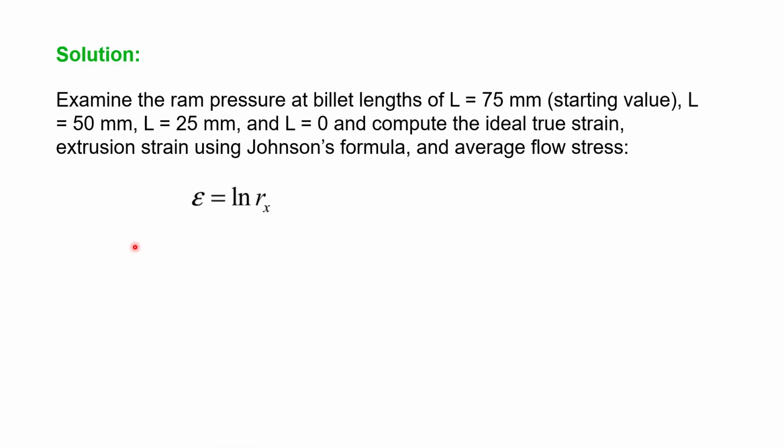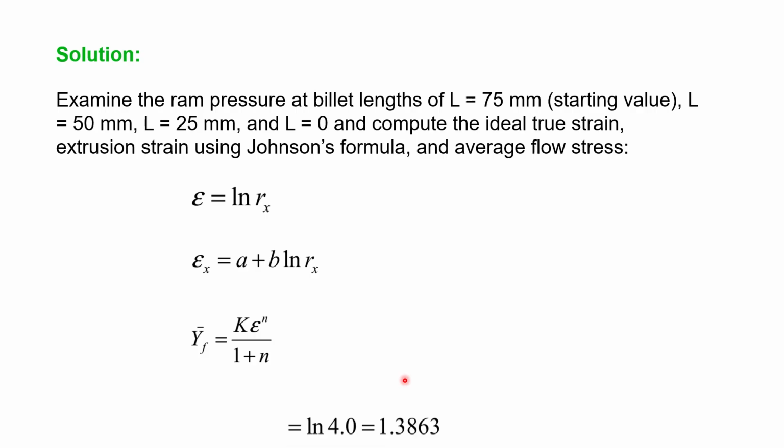So the strain is equal to ln of the Rx, here the ln of 4. And then epsilon x is equal to the ln of the Rx multiplied by the b of 1.5 plus the a value. Then we can calculate the value for the average flow stress. So let's start now. For the first one, ln of 4 is 1.3863.